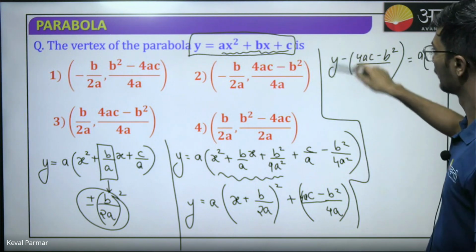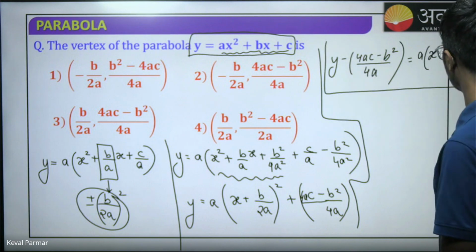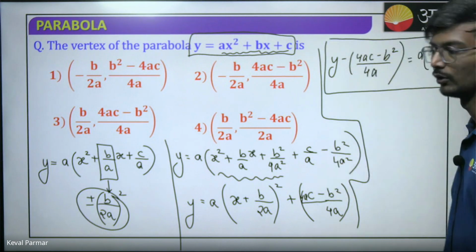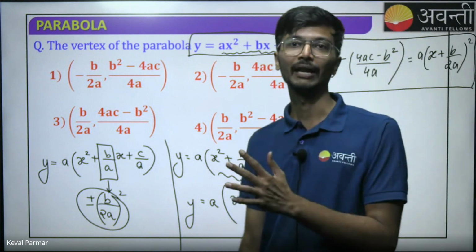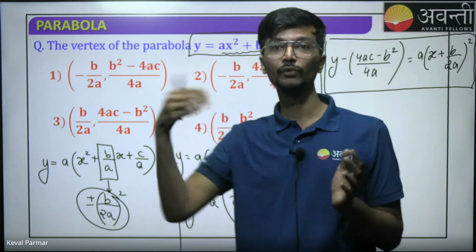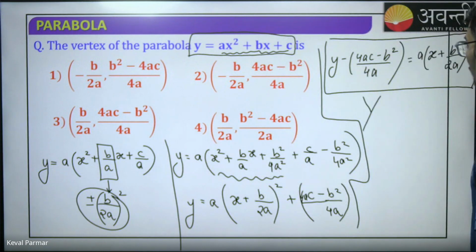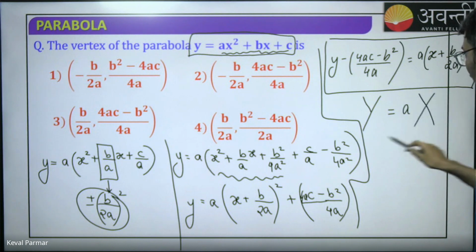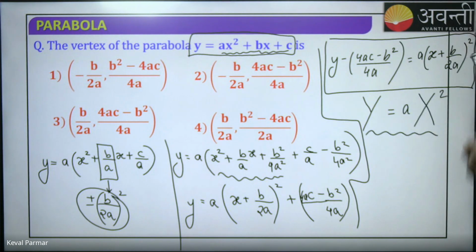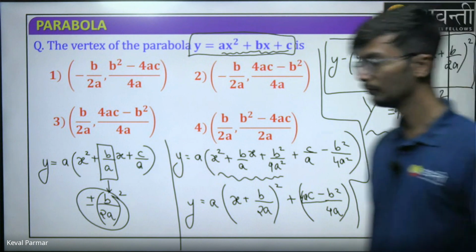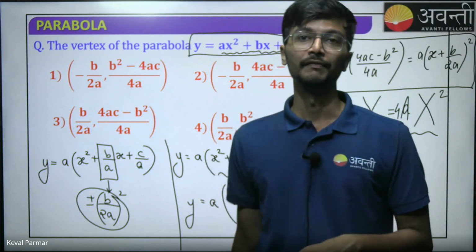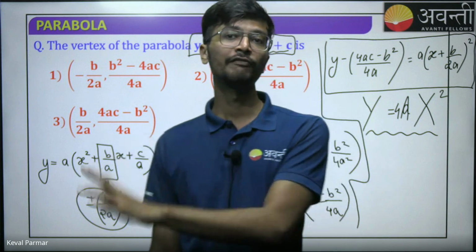Now, you might not understand it, but this parabola is the standard parabola with shift of origin. Let this be capital Y equals to a times capital X square. So capital Y equal to a X square, which is a standard equation of parabola.